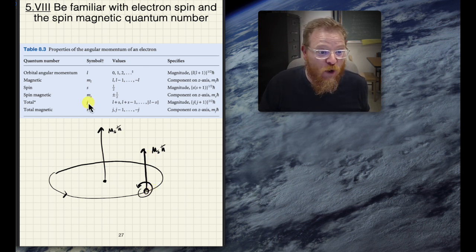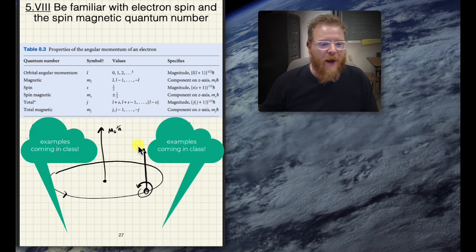If we look at the total angular momentum, that's given by L plus S. And then we can write its total magnitude, in terms of the quantum number J, as root J times J plus 1. So we'll flesh that out in more detail in the live lecture. Okay, folks, that's it for this module. I will see you all later.